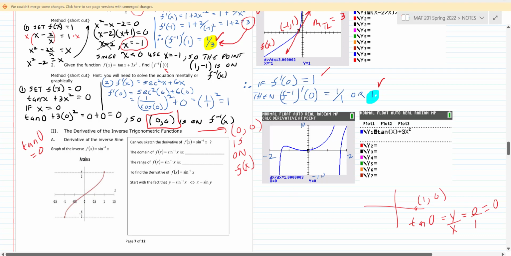But at the point 0, 0, it's kind of hard to tell on here. It looks like it's got a horizontal tangent line, but it doesn't. That line is sloping up like that. So the slope of the tangent line is 1. So if you take the point backwards on the inverse, you'll have the reciprocal slope, which is still 1.